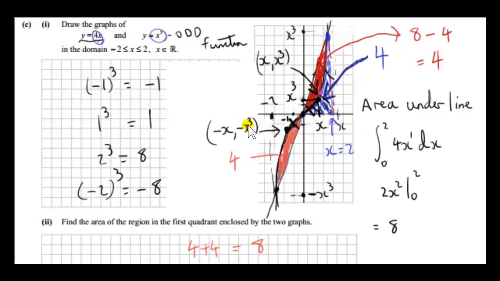But now we see that this is indeed a point on the curve, because minus x cubed is the same as minus x all cubed. So the y value of this point is just got by plugging minus x into this here. If we plug minus x in for x in x cubed, we get minus x all cubed. So this is indeed a point on the curve.